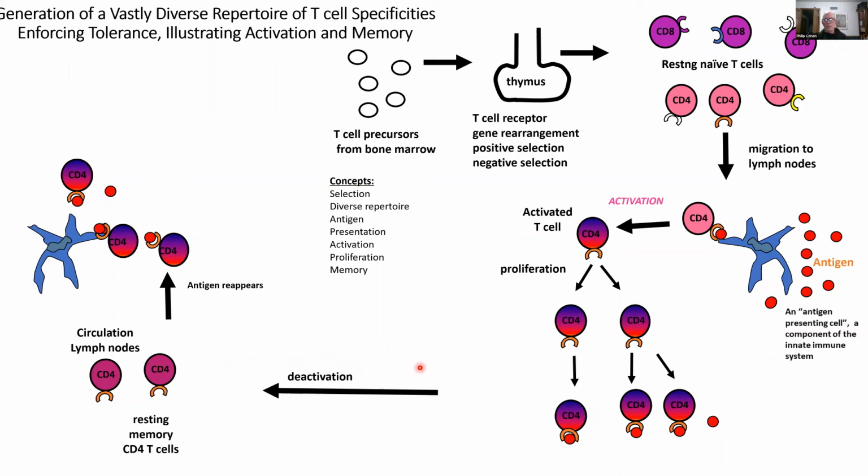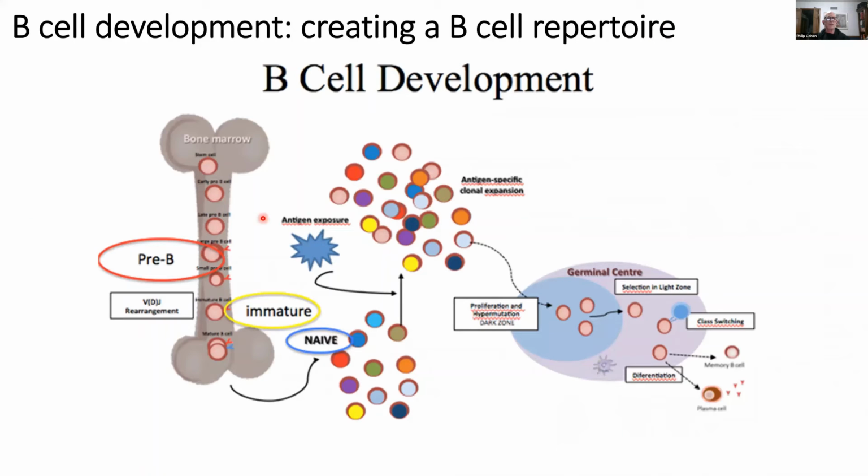And so a similar process occurs in B cells, except that instead of the thymus, it happens in the bone marrow. And what emerges is a bunch of B cells that have an antibody on their surface. And when they encounter an antigen, they proliferate, and they undergo a further set of maturation, which they do in lymph nodes. And this is called affinity maturation.